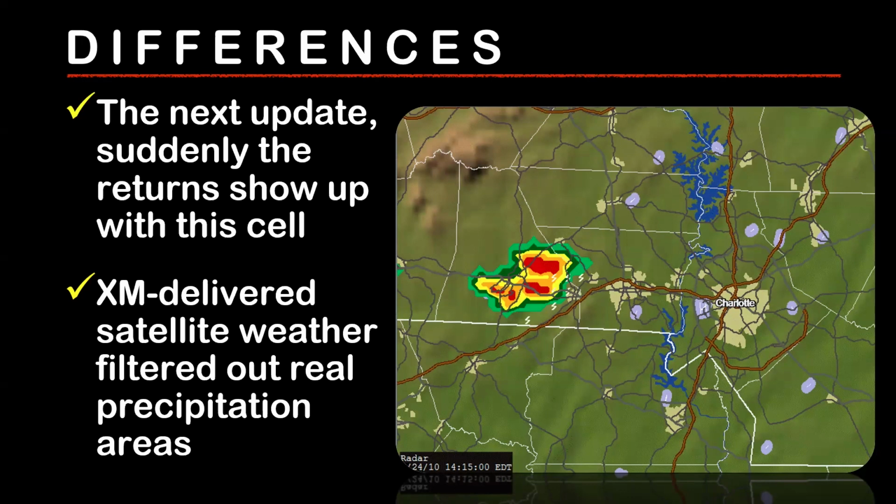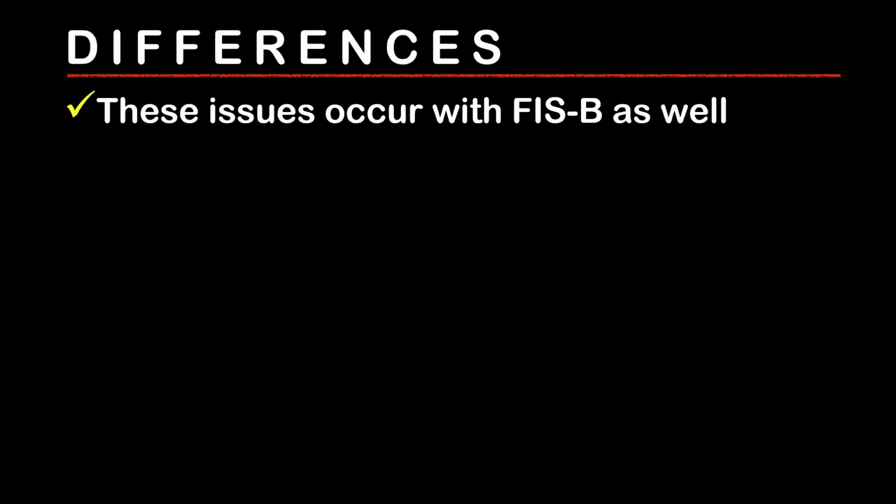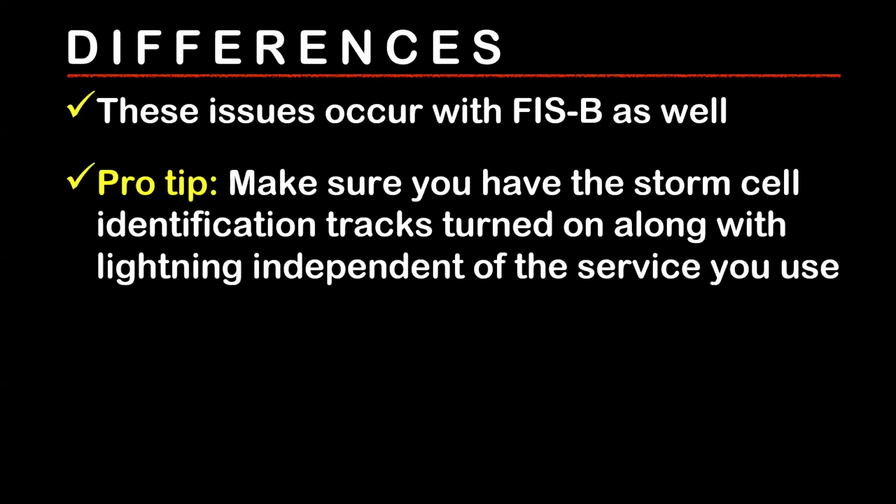That does happen sometimes, but again, the whole idea here is make sure that you know that this also occurs with FSBE as well. So make sure you have those storm cell identification tracks turned on if that's a possibility on the device you're using, along with lightning. Those are typically not filtered out like you see.